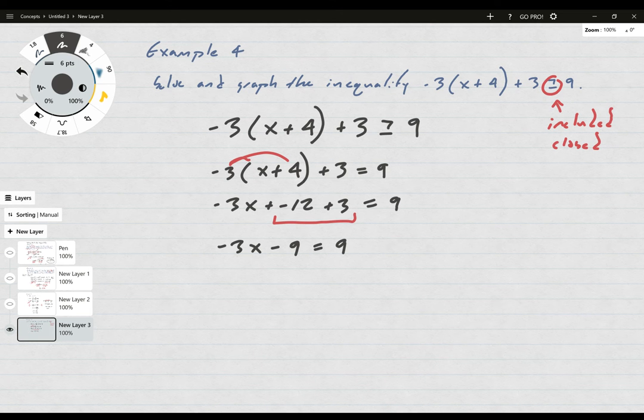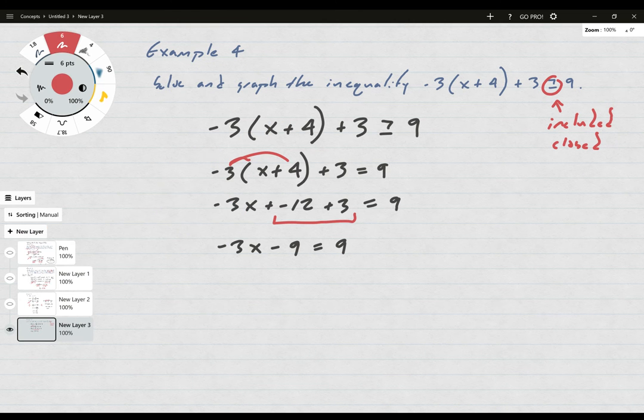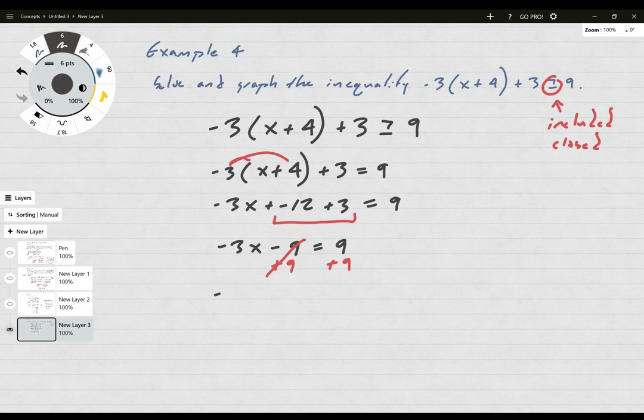Okay, now this looks familiar. I have two steps. I'm going to add 9 to both sides because I want to isolate everything attached to the variable. So that cancels out. So all I have left now is negative 3x equals 18. Use my inverse operation, divide by negative 3, divide by negative 3.